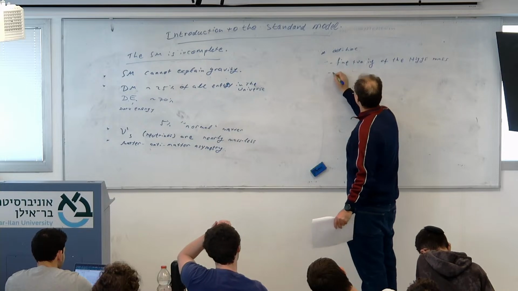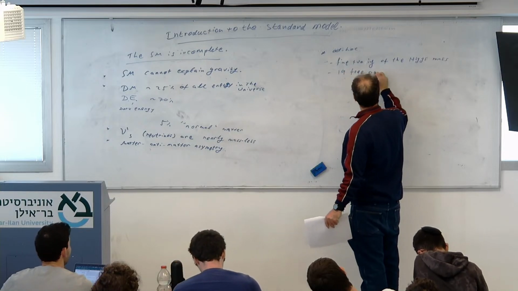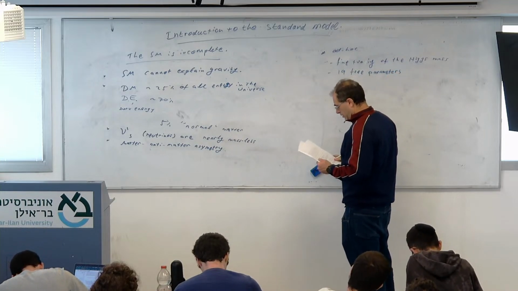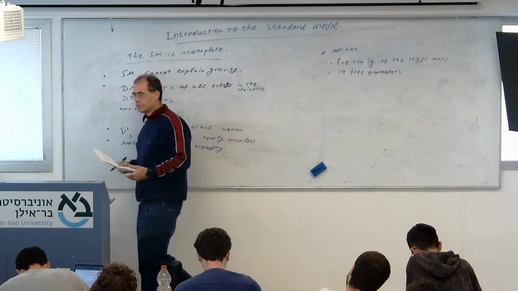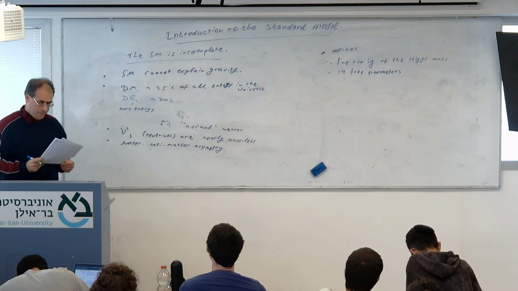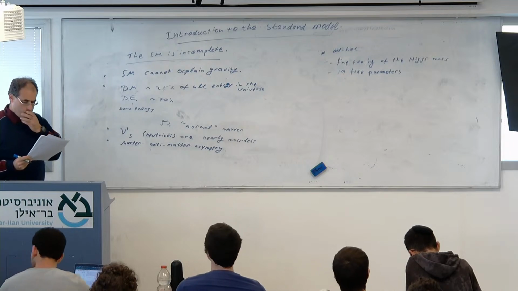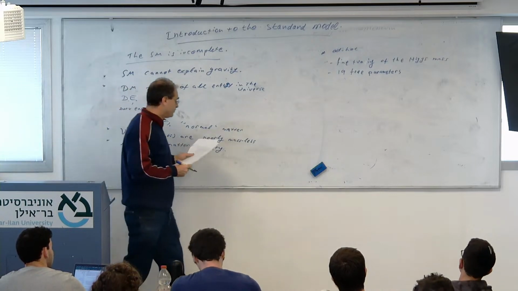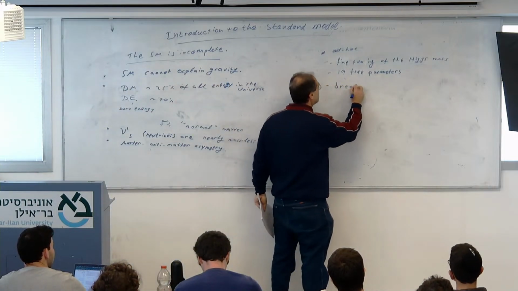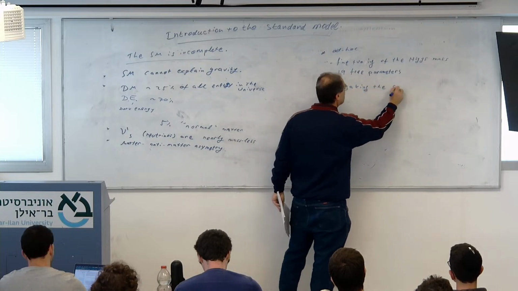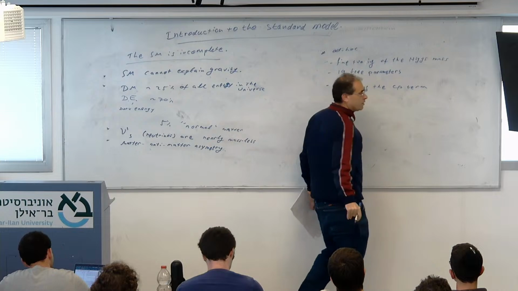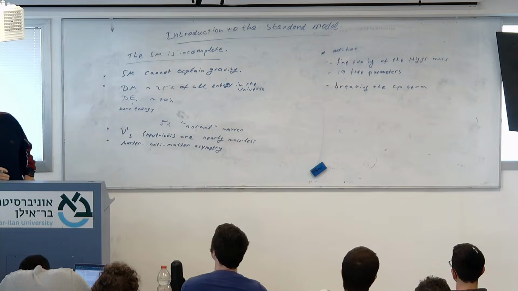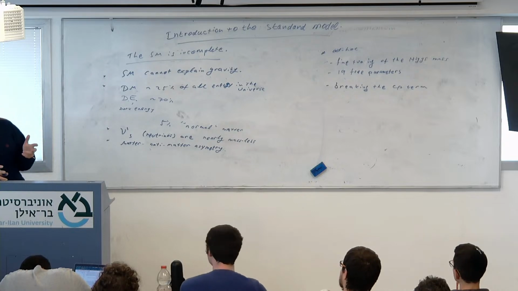I said there are 19 free parameters, which are not nice. And there is the strong CP problem. CP is charge parity, breaking the CP term. In addition to continuous symmetries, which is something we will discuss, there are three reversal symmetries.